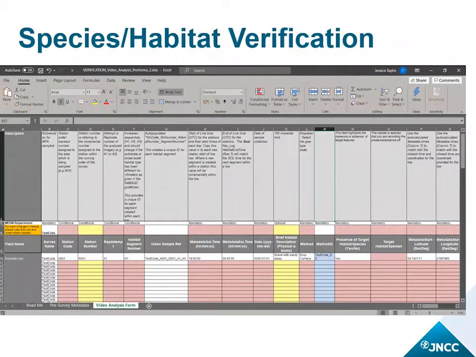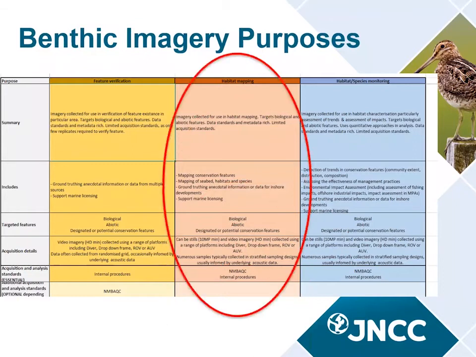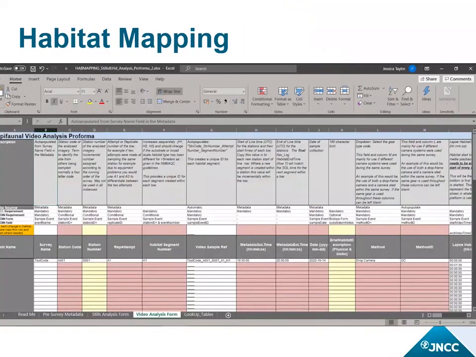So we created these proformas for all of the standards that we had. We also created one for the habitat mapping, which is looking at segmentation mostly of video imagery to identify where broad-scale habitats or different habitats are delineated within an area, alongside still imagery, which had a slightly different layout with slightly more sheets and slightly more fields in it.